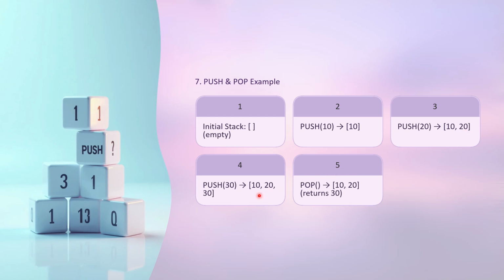The push operation for 30 happens where the number 30 is inserted at the top of the stack. When we perform the pop operation, then the element 30 is removed and the stack becomes 10 and 20. This clearly demonstrates the last in, first out principle that is followed in a stack.